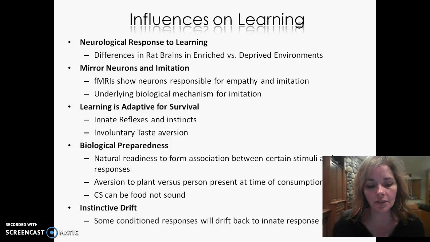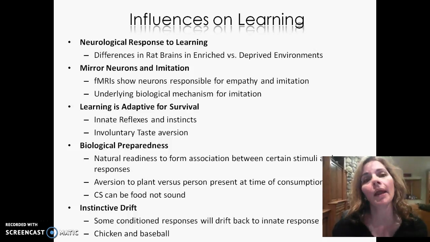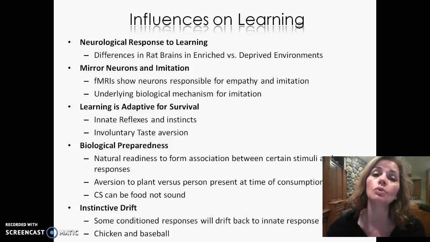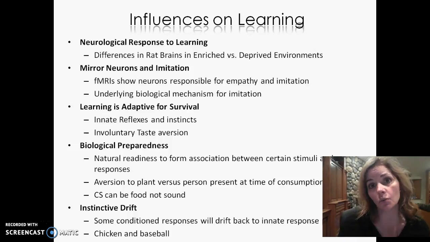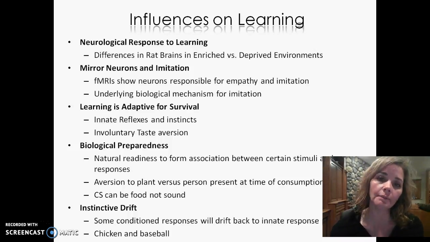And then finally, there's instinctive drift, where you can try to train animals away from their natural and biological behaviors, but ultimately they drift back to what's natural for their behavior and their instinct. So they give you an example of training a chicken to play baseball, and sometimes they just run off and peck because that's their natural instinctive behavior.